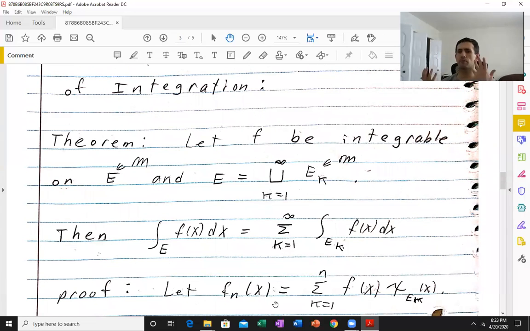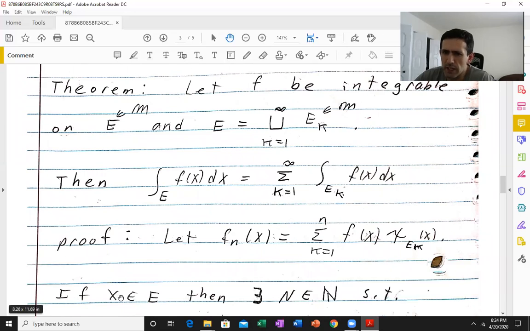And a proof, yeah, actually, I don't remember if we proved this for non-negative functions. I have to go back and see. But anyway, so, right. So let's say F_n is this, again, we're going to associate naturally a sequence of functions to this problem. And the natural thing to do is to just take the sum of f of x times the characteristic function of E_k of x.